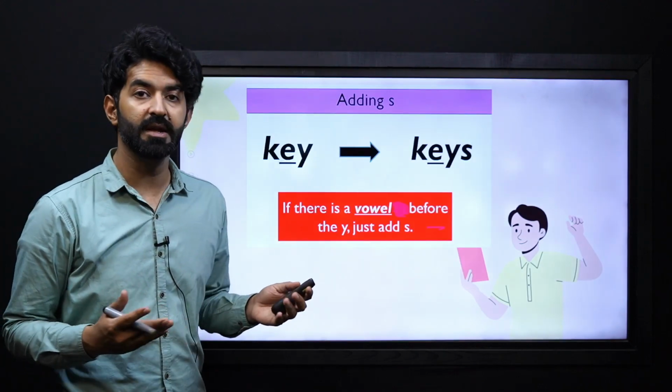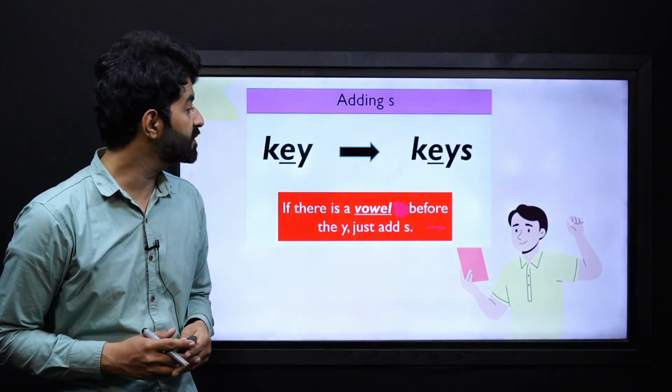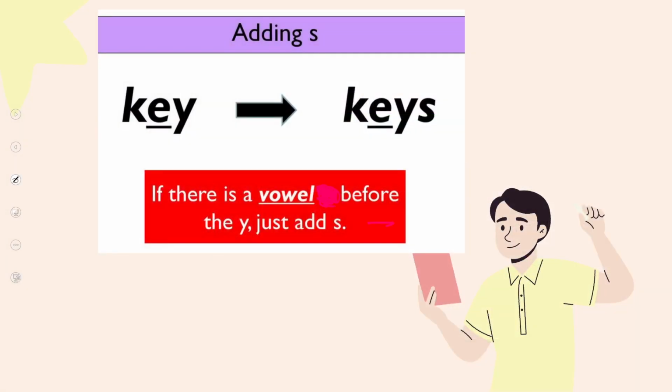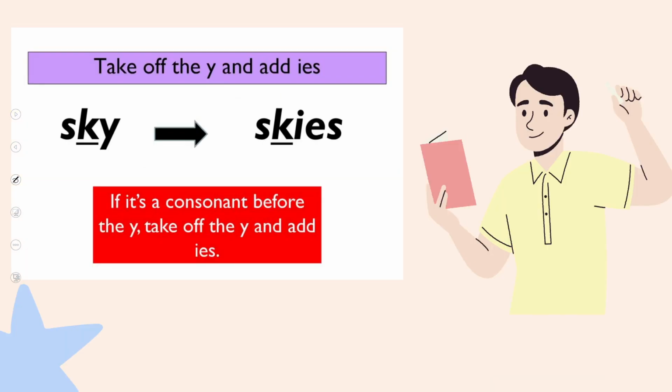So now let's put these rules into practice. Here you can see that if there is a vowel before the Y, just add S like this. Here we have a vowel E before Y, we just added S. So this is the rule for adding S. Now let's see.